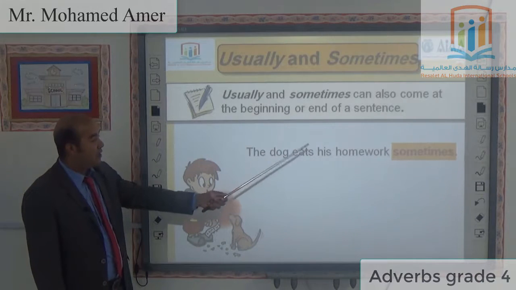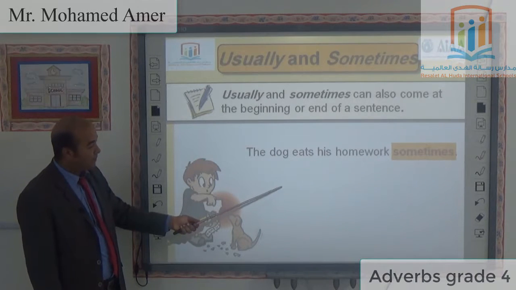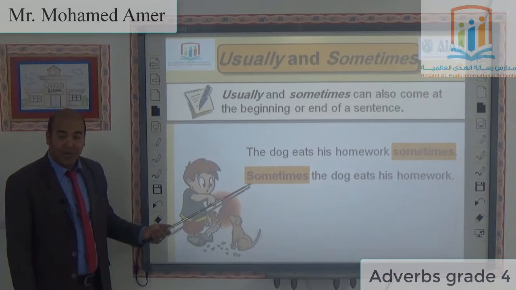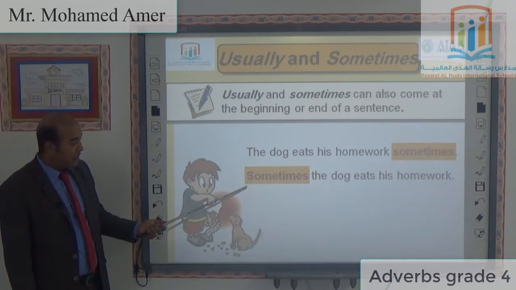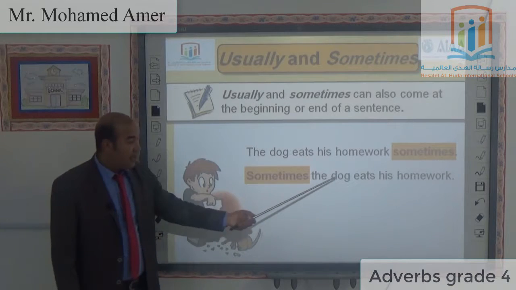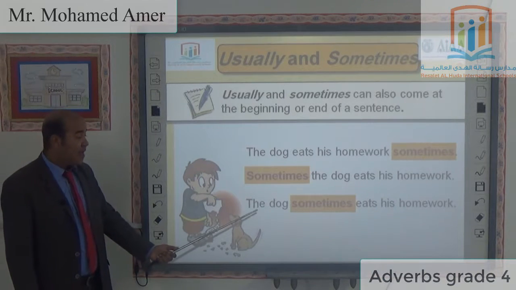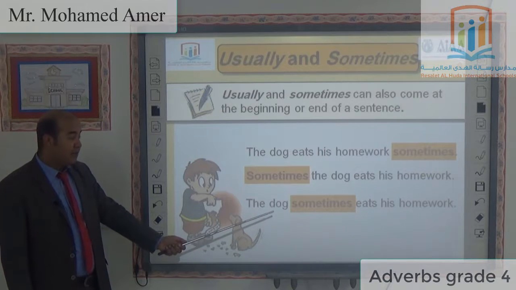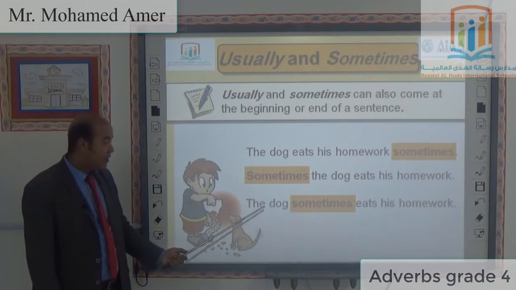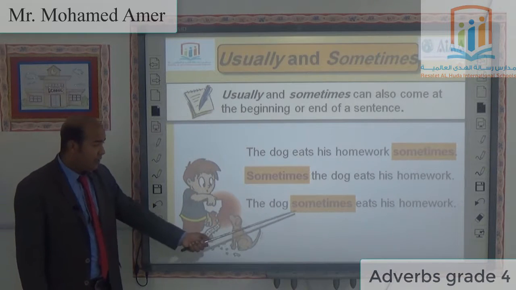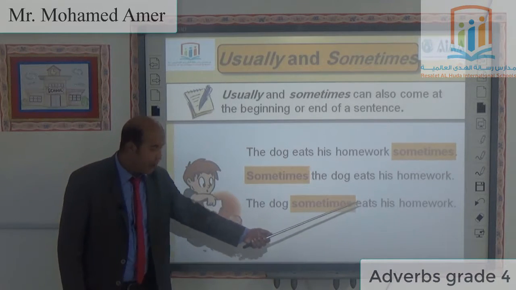It comes at the end of the sentence, as in this example, or may come at the beginning of the sentence: sometimes the dog eats his homework. Sometimes and usually may also come between the subject and the verb: the dog sometimes eats his homework.